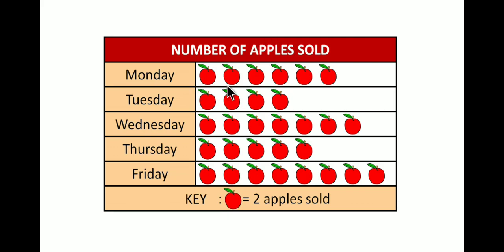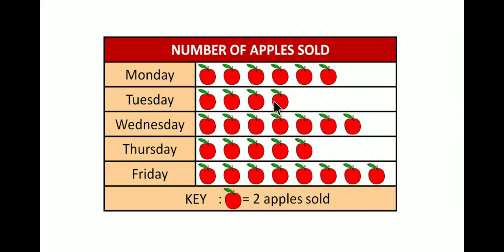So, in the pictograph, there are 6 apples, but on the table we have 12. But here is the key. If you look at the pictograph properly, 1 apple is equal to 2 apples sold. That means 1 apple over here is equal to 2 apples sold. So total there are 6 apples in the pictograph. This means that there are 12 apples which have been sold on the day of Monday.